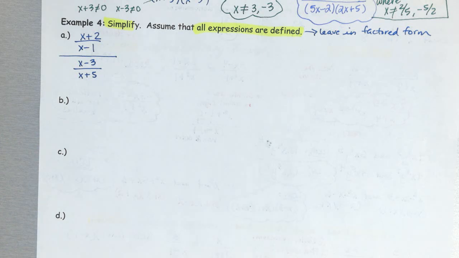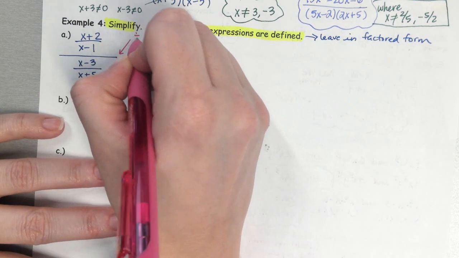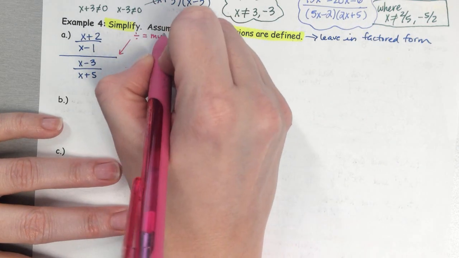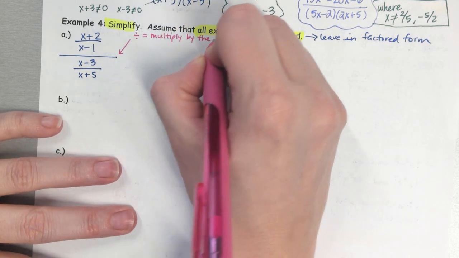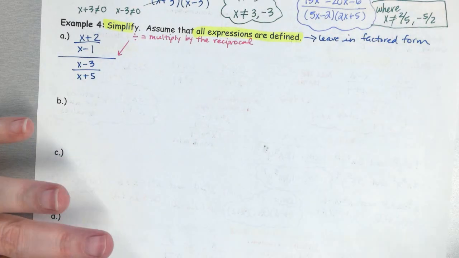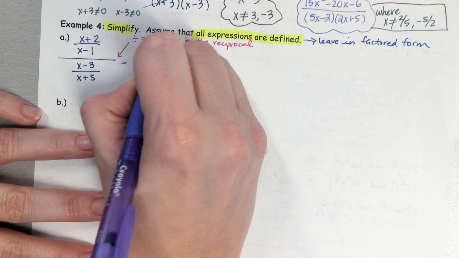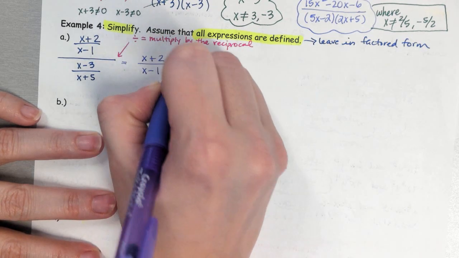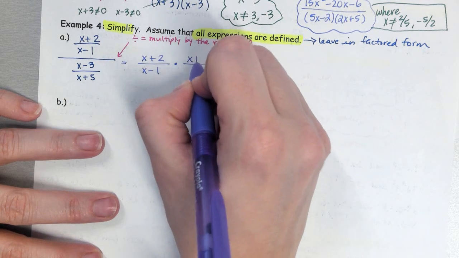So we're going to use what we talked about yesterday, that division is just multiplying by the reciprocal. So we're just going to take that first fraction, write it the same way, and then multiply by the reciprocal of the denominator.